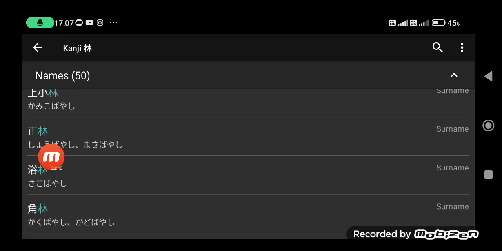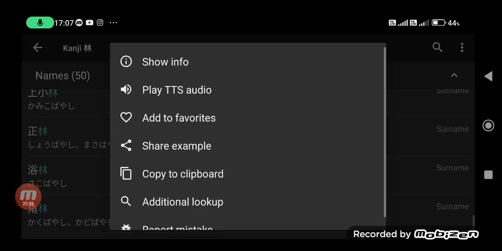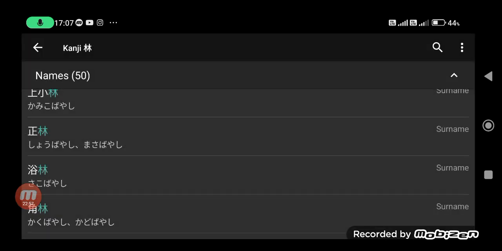And this one here, we have two choices, but the most prevalent reading for this surname is Masabayashi. Shobayashi is the less common reading. Masabayashi is the more prevalent reading for this combination.